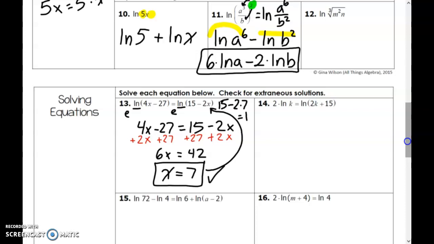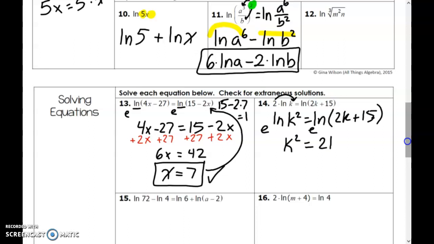All right, number 14, this 2 goes there. So we're going to have natural log of k squared equals the natural log of 2k plus 15. Raising each of these e to those powers, we have k squared equals 2k plus 15.